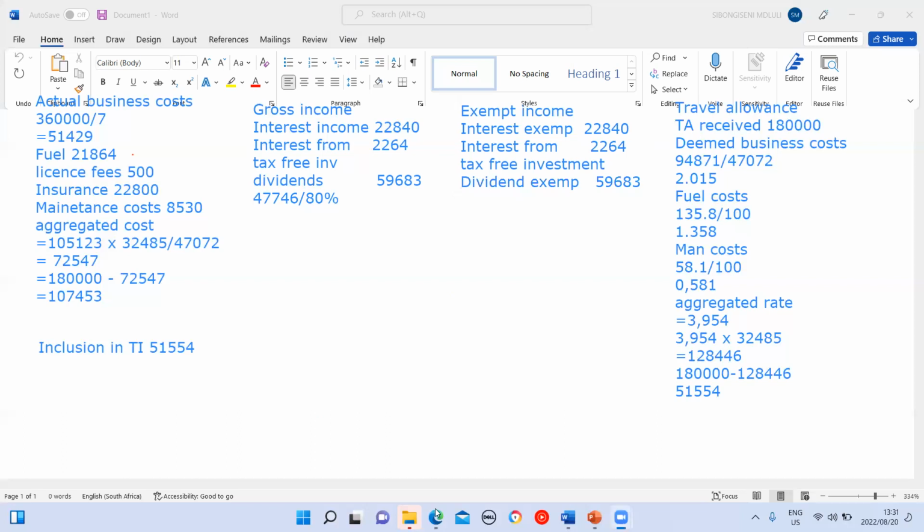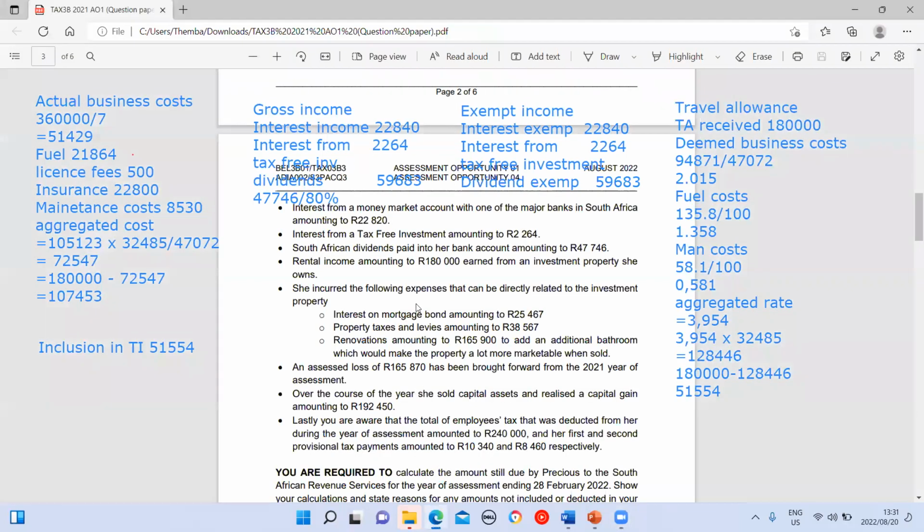The interest from the tax-free investment was exempt in terms of section 12T. Then the interest exemption that is not from a tax-free investment is in terms of section 10(1)(i), and I think that is in your notes. So moving on.